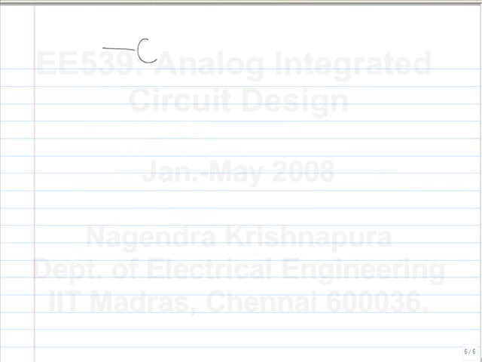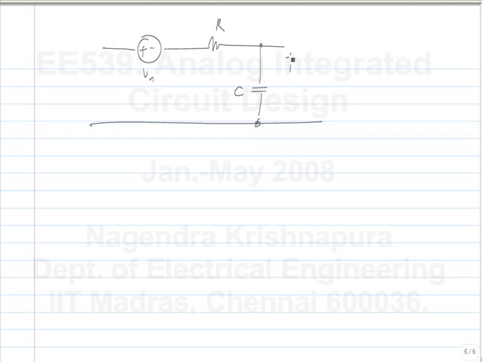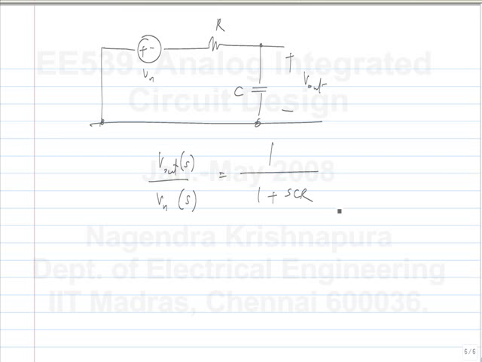So all we did to calculate this was we replaced the resistor with its noise, and the transfer function from Vn to the output with the input being disabled is a first order low pass response, and we multiplied this with the spectral density and integrated it to get the output noise. Okay.